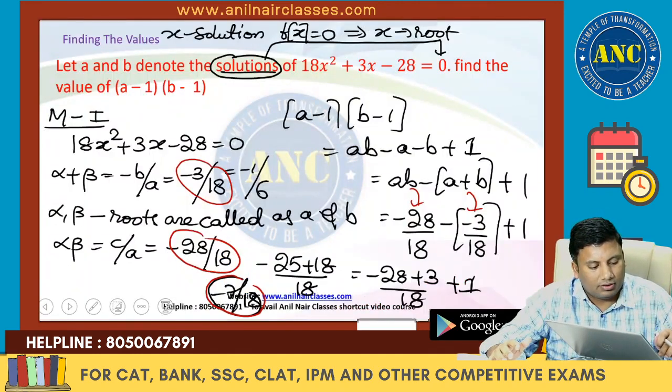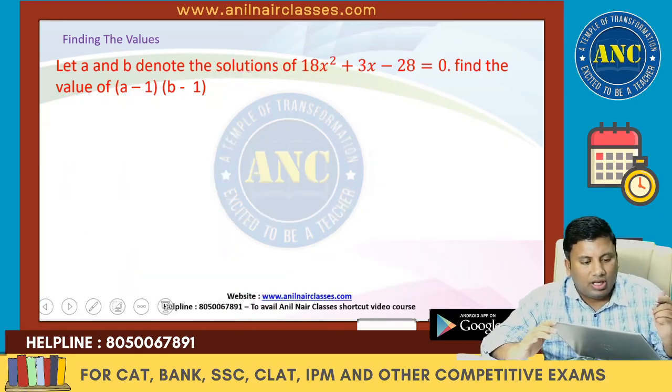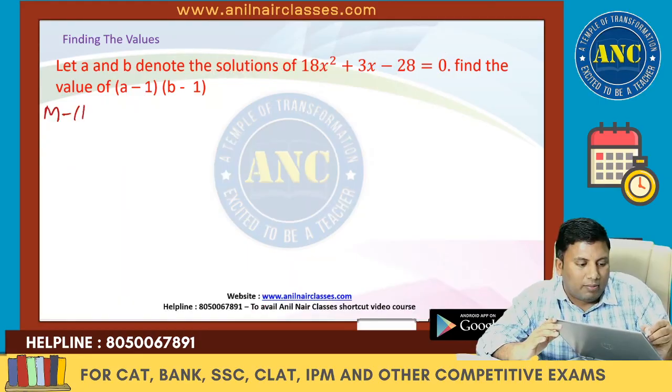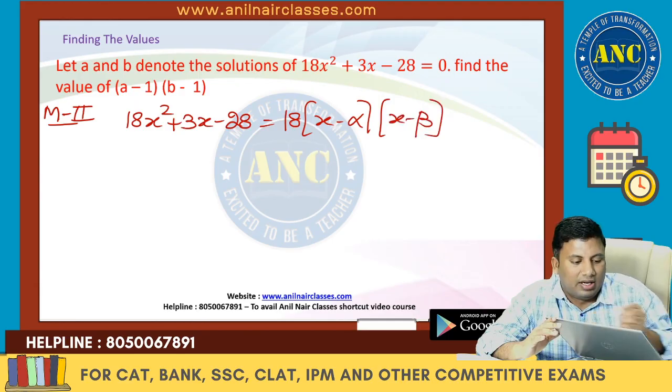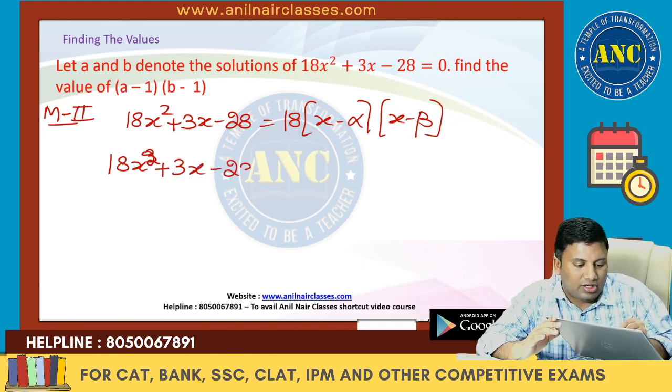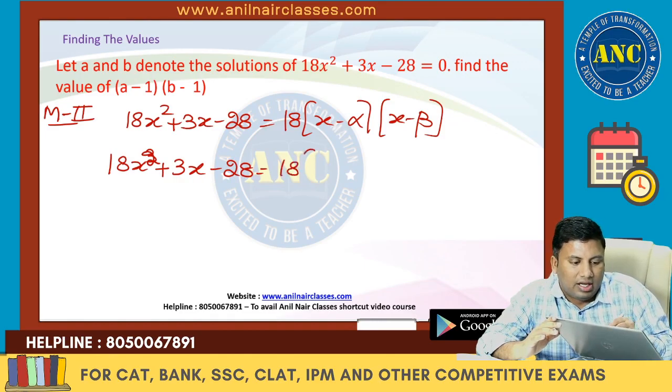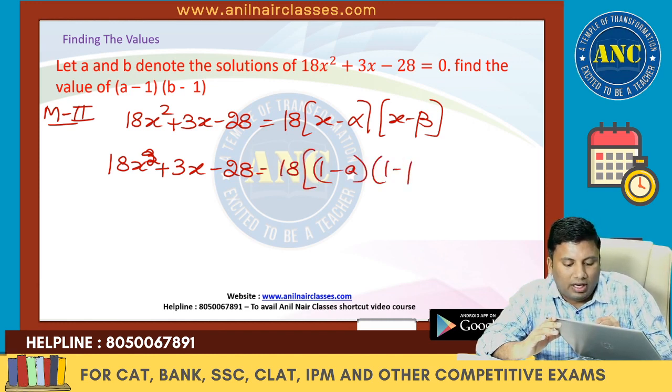Next one, method number 2. This is method number 1. Method number 2: we already discussed that 18x² + 3x − 28 is nothing but 18(x − alpha)(x − beta).